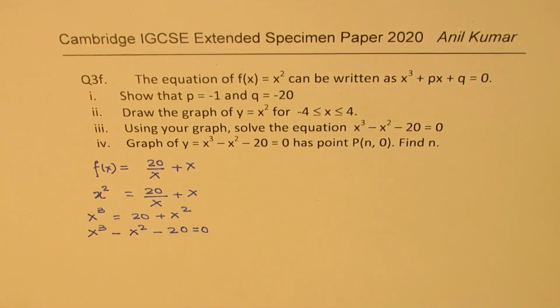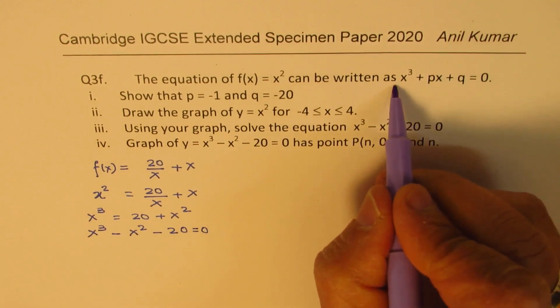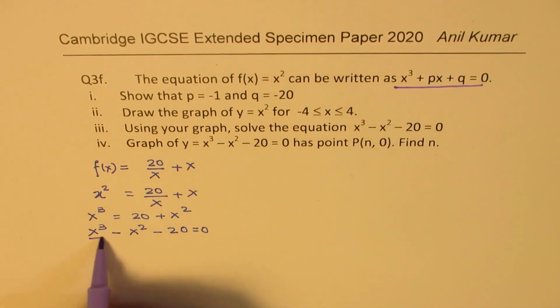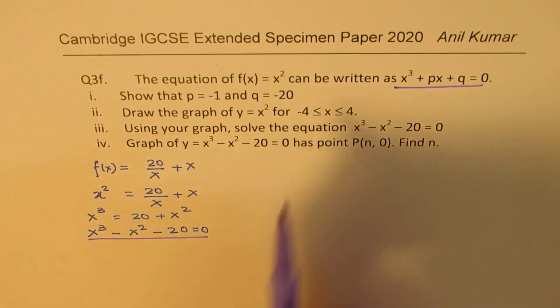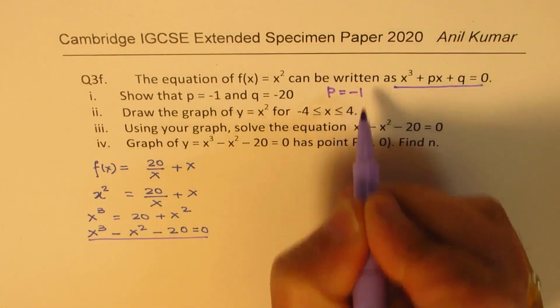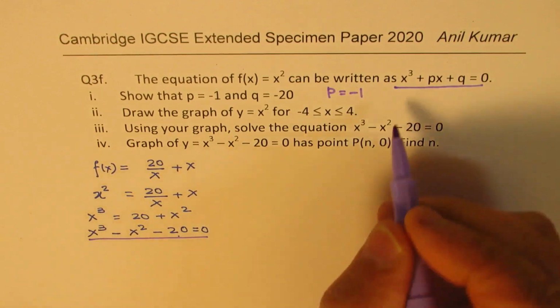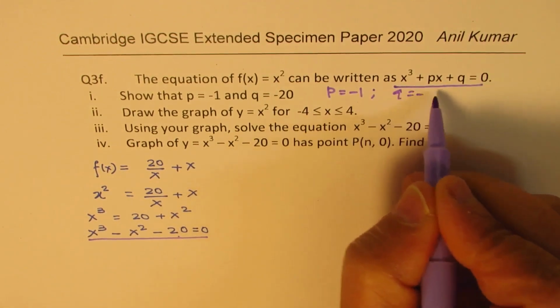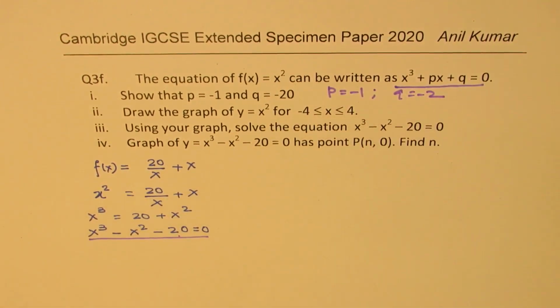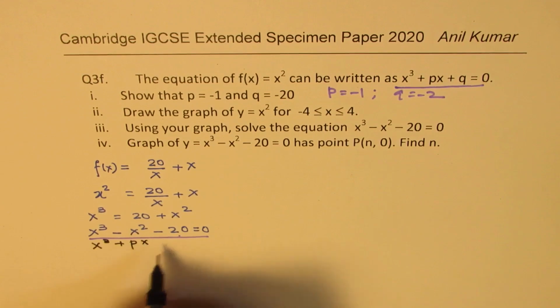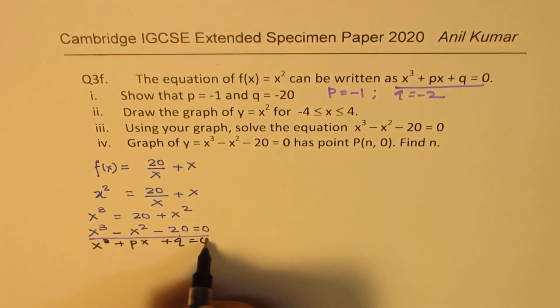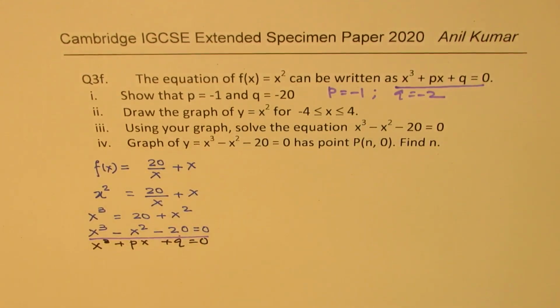Now if you compare these two equations, what do you find? The value of p is minus 1, so p equals minus 1, and q is equal to minus 20. Does that make sense to you? So comparison helps you to prove it. We have x cubed plus px plus q equals 0, and that gives you these values.